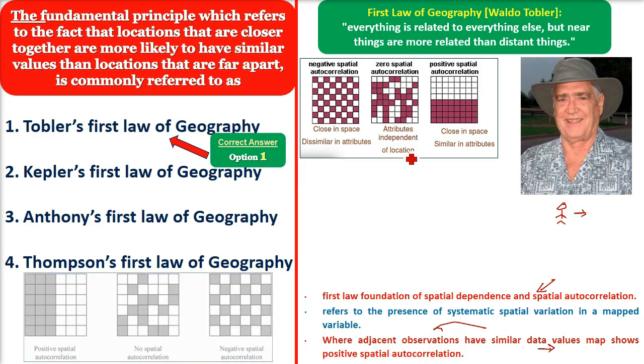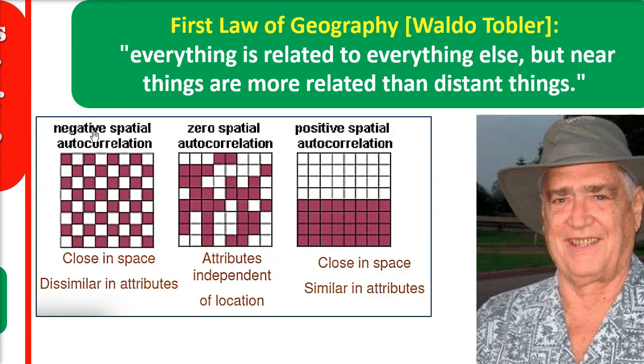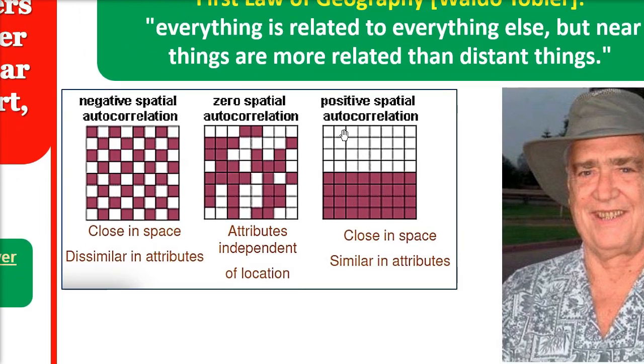Dissimilar data, negative correlation. So this is negative spatial autocorrelation, and if you see here, in this positive spatial autocorrelation, if you see one block, all the blocks from left, right, center are white in the upper part, and all are of a different color in the lower part. So they are very much autocorrelated.